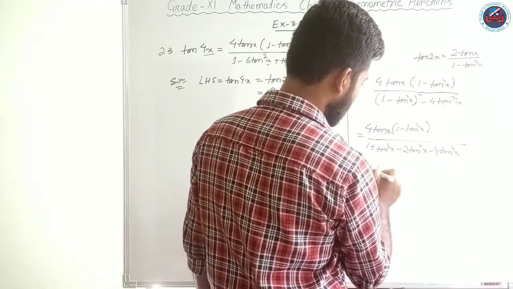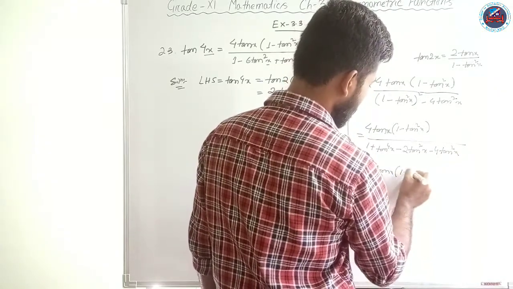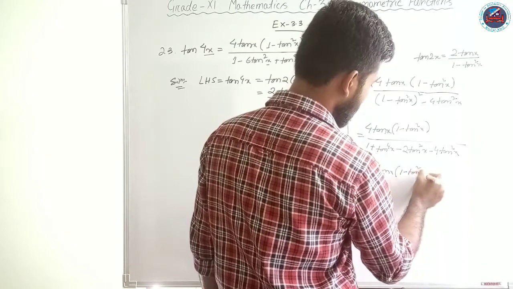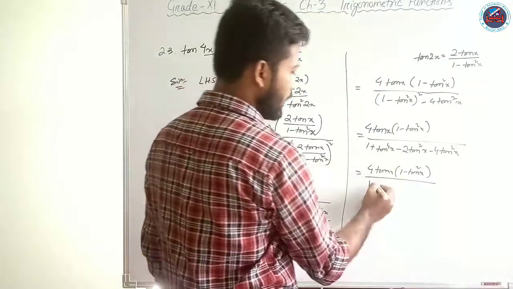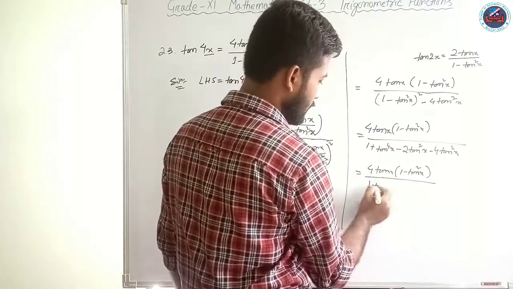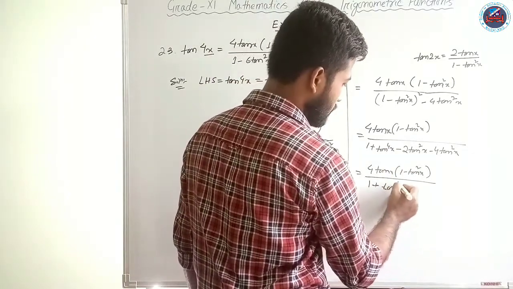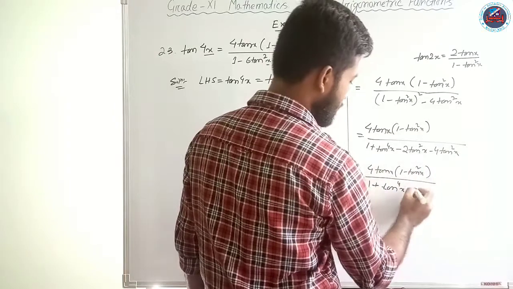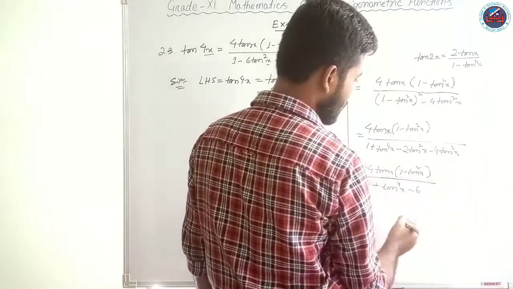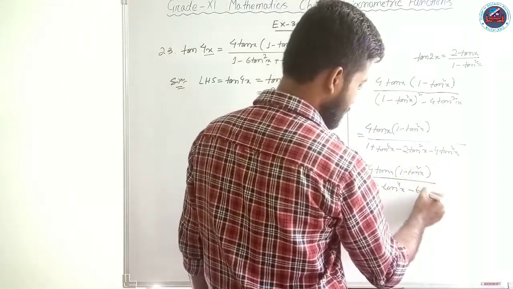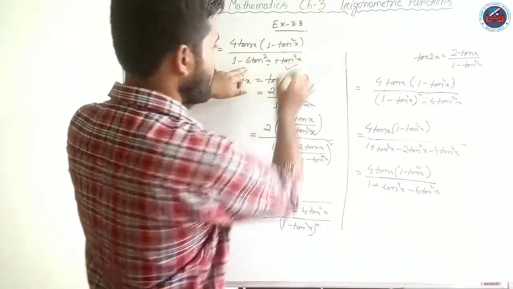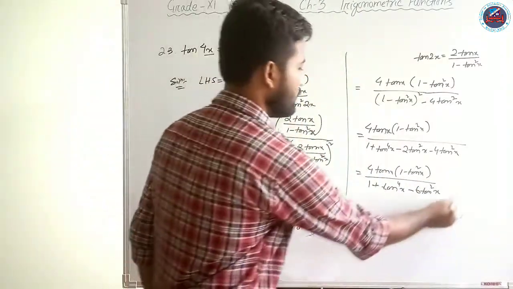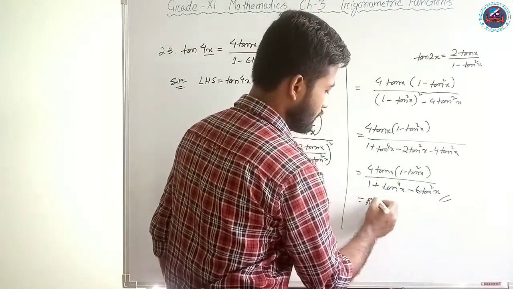Now what is that, it is equal to 4 tan x into 1 minus tan square x divided by 1 plus tan to the power 4 x and minus 2 minus 4, which will be minus 6 tan square x. I hope we are getting the same thing here. Yeah, fine, and that is equal to the RHS.